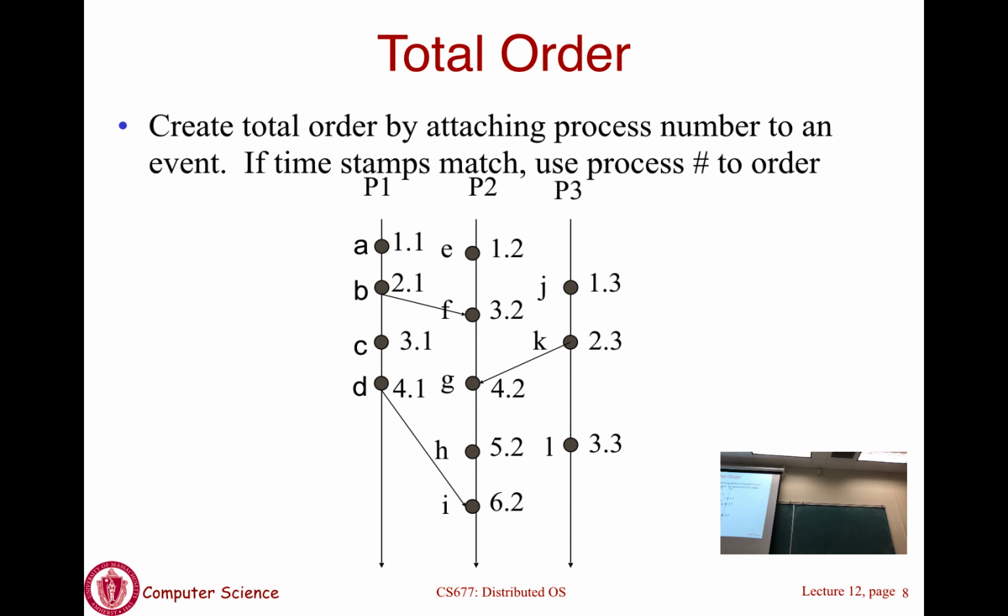So, what this says is, now if you have a partial order, you use essentially the process ID to break ties. If you have two processes with event logical clock value 4, and you compare them, you do not actually get an order, but you are going to say it is 4.1 and 4.2. If these are process 1 and 2, that gives us an order. It is a tie-breaking rule essentially.